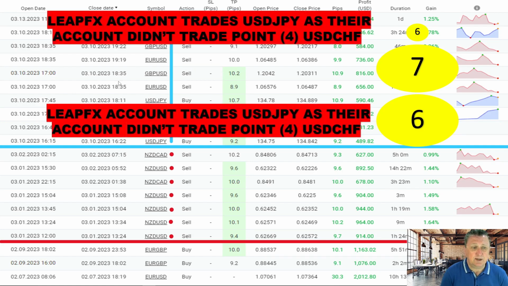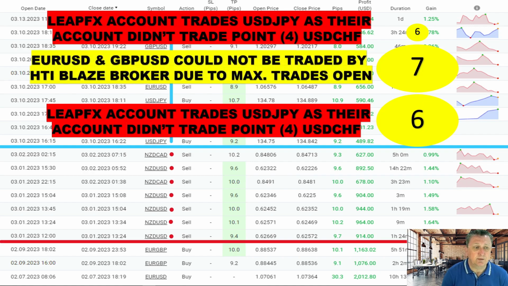So we asked ourselves whether the Leapfx account seems to have been trading the USD Japanese on their account as it didn't trade the USD Swiss francs at the time. It means, again, because of the number 4 that I showed you before, Leapfx took these particular trades instead that we didn't do, but there's obviously a bit more to it than just that, and we're going to cover that also through the video.